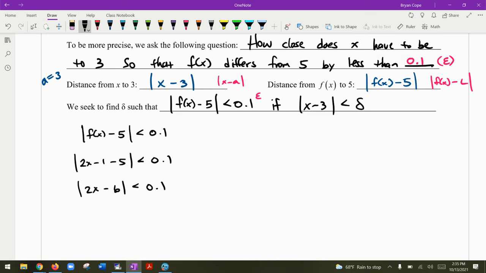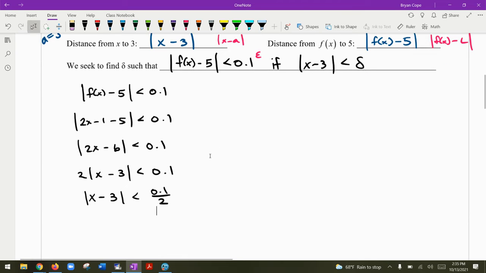So what I'm doing right now is I'm backing up so that it looks like the absolute value of x minus 3. So I'm going to pull out a 2 and then divide both sides by 2. And I'm not going to simplify that. I'm going to write it as the absolute value of x minus 3 is less than 0.1 divided by 2.